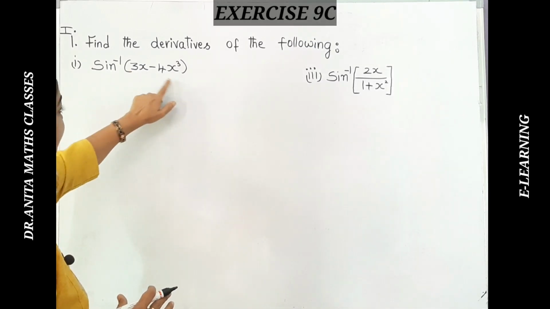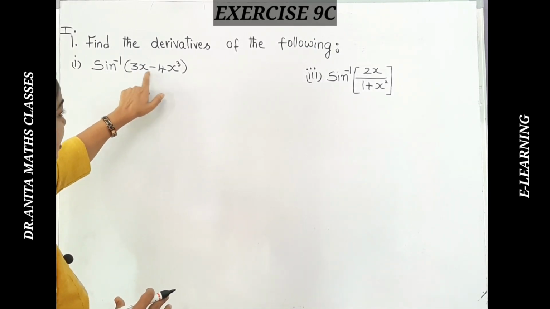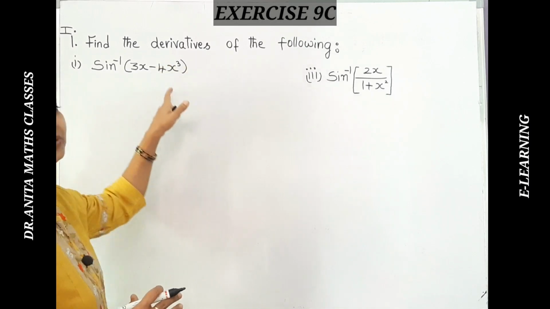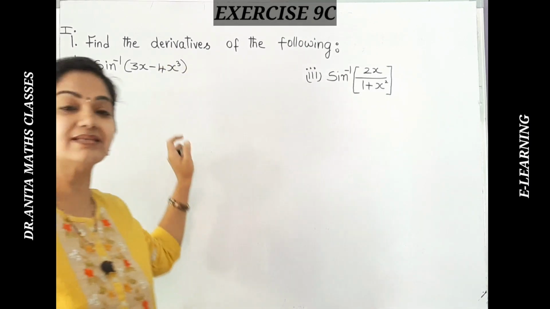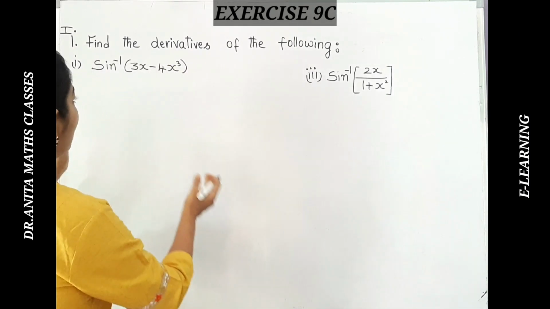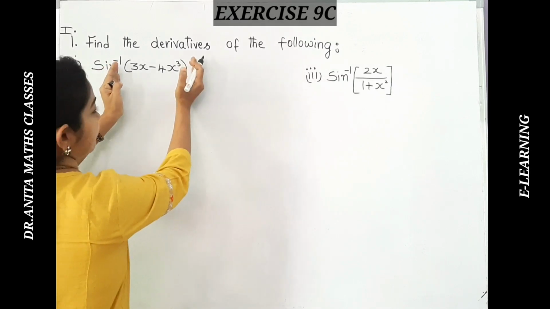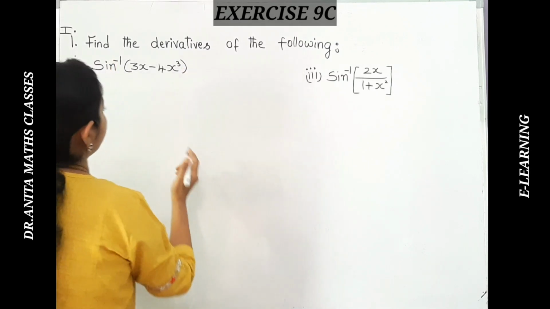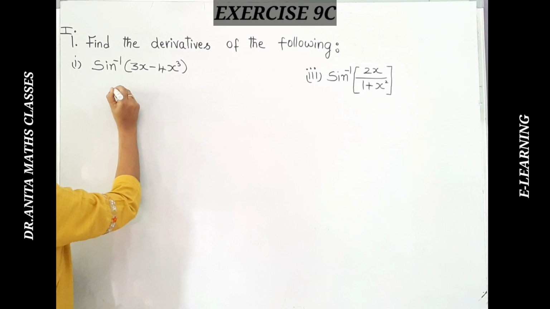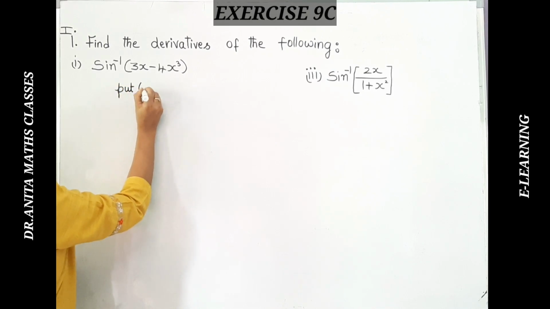If you see, it is in the form of 3 sine theta minus 4 sine cube theta. That is nothing but sine 3 theta. So, what we will suppose? This we will suppose as some theta.